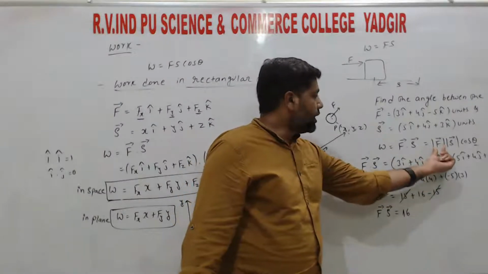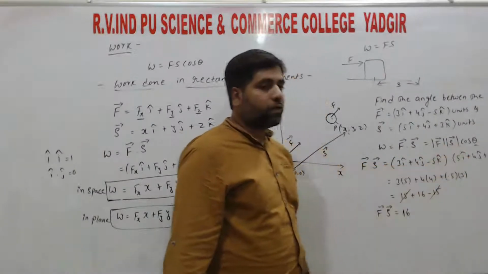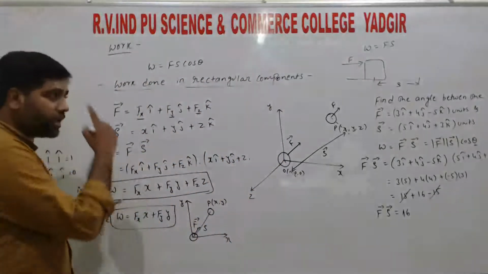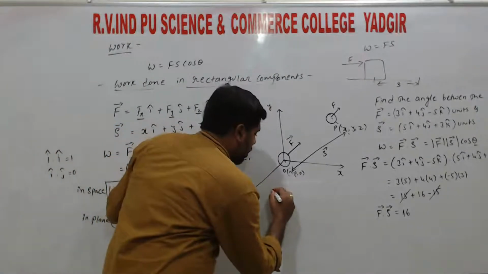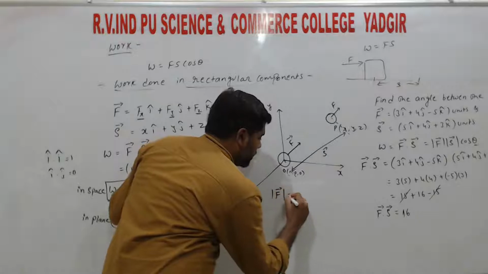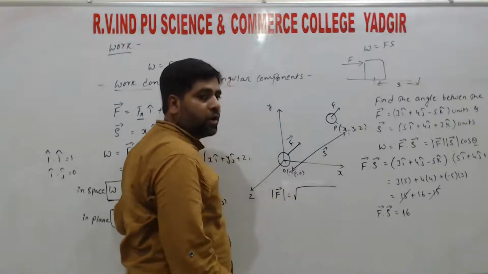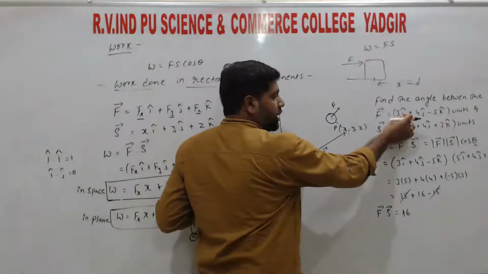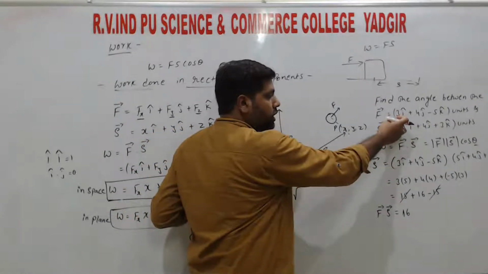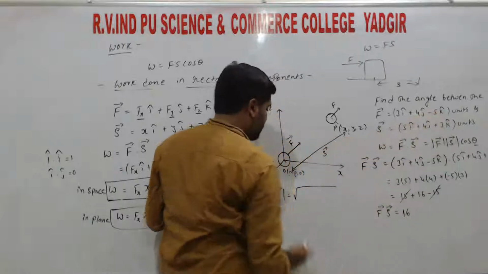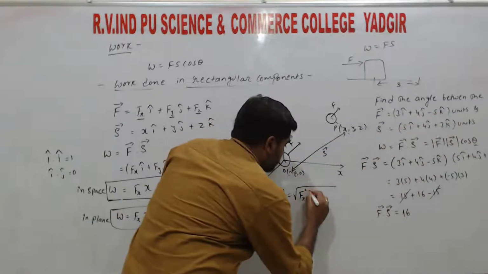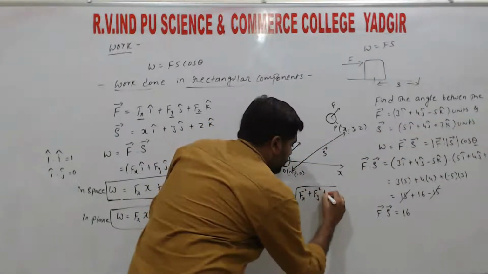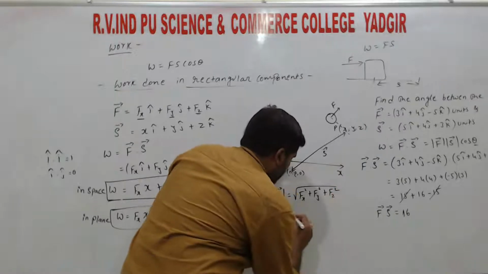Now to find the magnitude of force and the magnitude of the displacement. How to find the magnitude of force? It is equal to the square root of x square plus y square plus z square. Since we took force, that is Fx square plus Fy square plus Fz square, right?